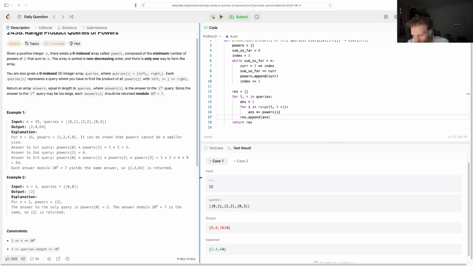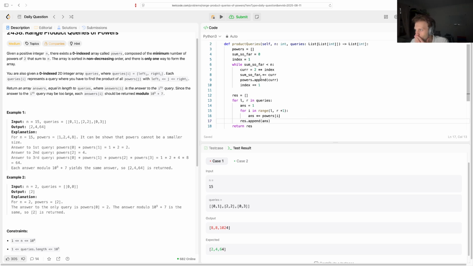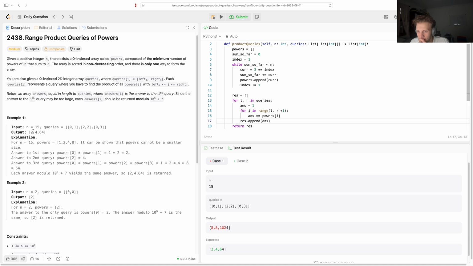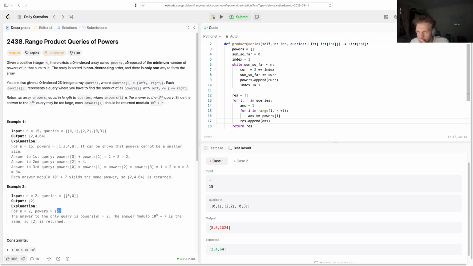Wait a minute. Our powers are wrong here. In this case, powers are 1, 2, 4, 8. Powers is 2 here. Interesting.